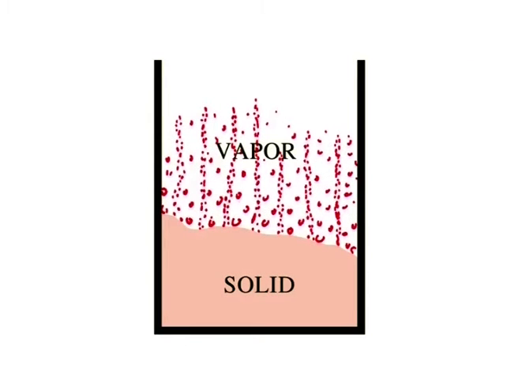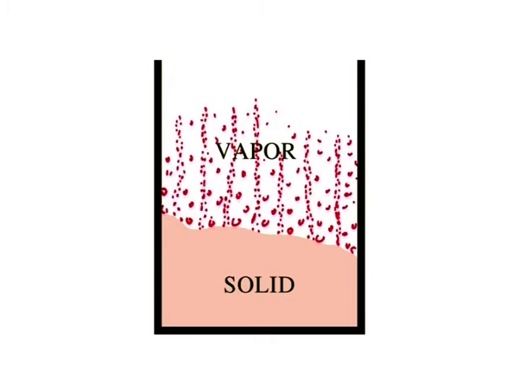There are two ways a substance can pass from the solid to vapor phase. Either it melts first into a liquid and subsequently evaporates, or it evaporates directly without melting first. The latter occurs at pressures below the triple point value, since a pure substance cannot exist in the liquid phase at those pressures.